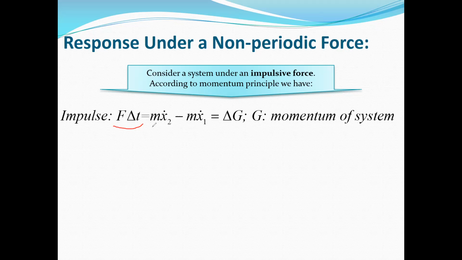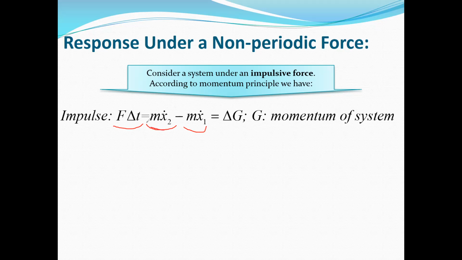must be equal to the variation in the momentum of the system, and the momentum is equal to mass times velocity. In other words, we can write that m times x2 dot, where x2 dot is the velocity of the particle at the second condition or final position, minus m times x1 dot, where x1 dot is the velocity in the initial condition.